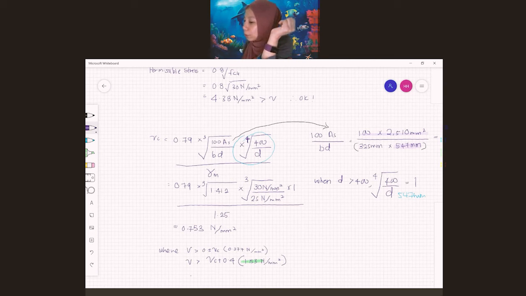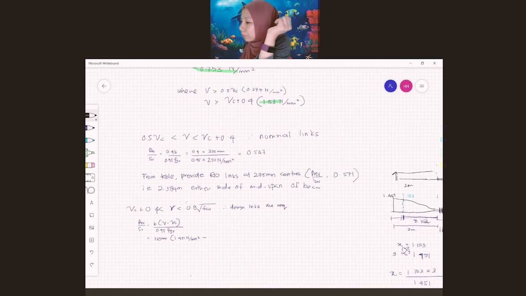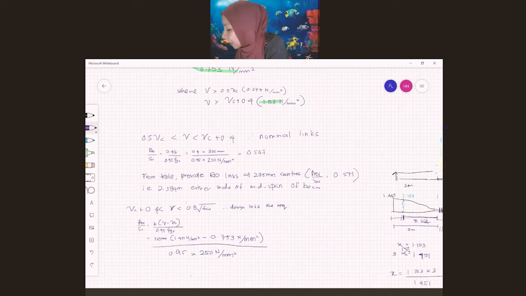0.753 ni ya. Okay, masukkan 0.753, and then divide with 0.95, darab dengan FYV which is 250. We know that the steel strength adalah 250 mm steel lah. Okay, so kita kira, 0.955.